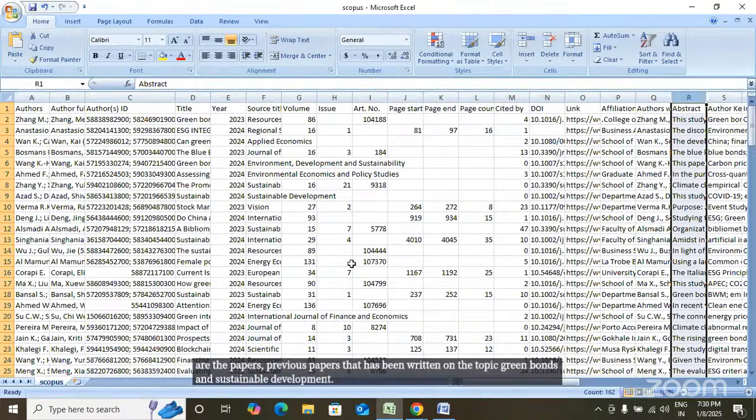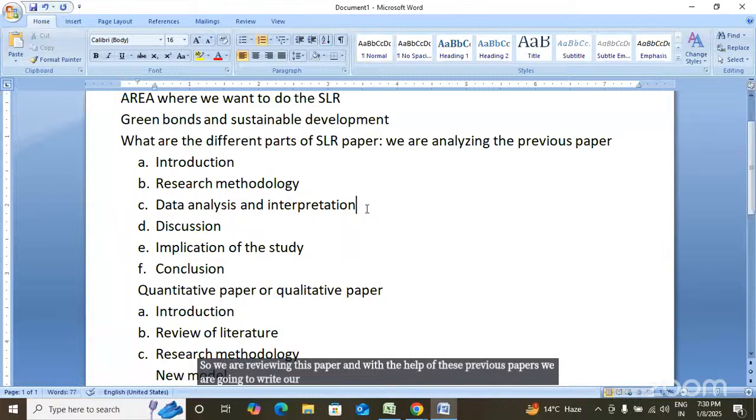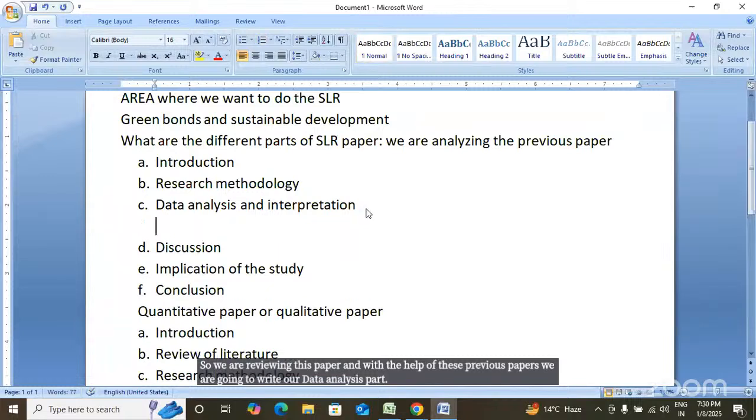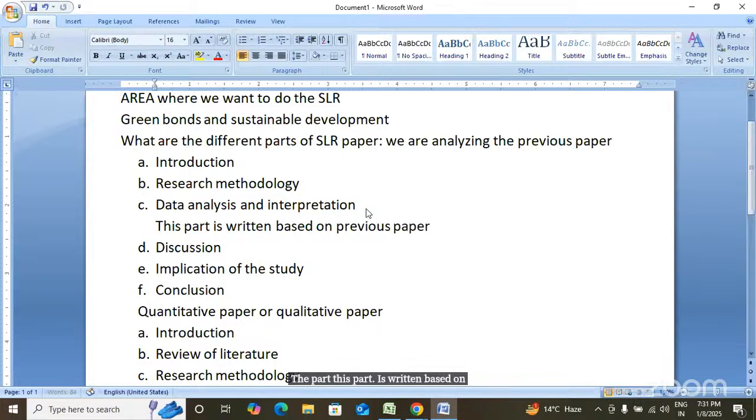So we are reviewing these papers, and with the help of these previous papers, we are going to write our data analysis part. This part is written based on previous papers that we have extracted. Are you getting me at this point?